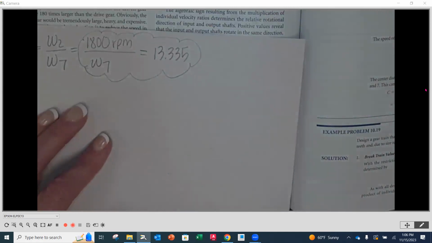Go ahead and solve for W7 and see if we get the same value.